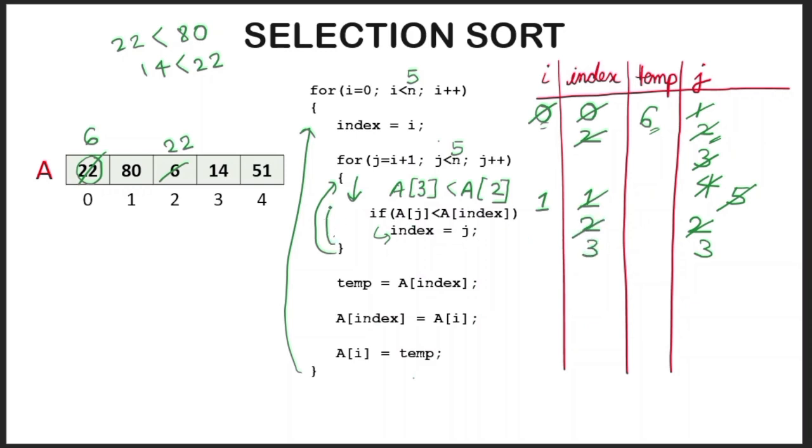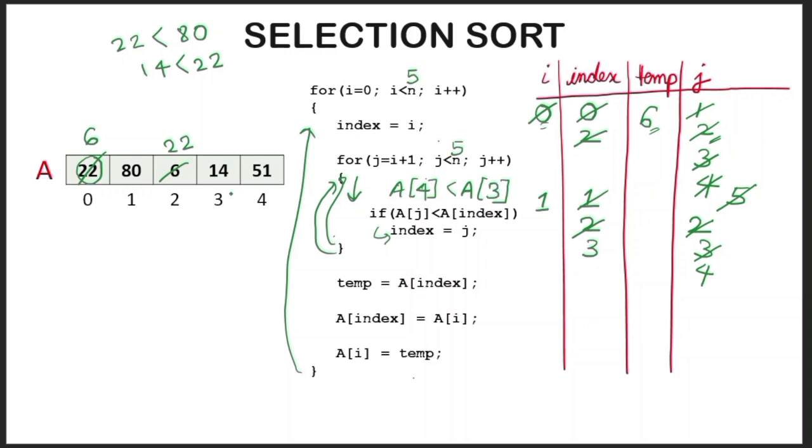Now again we come to the inner for loop, increment the j value from 3 to 4. Now we check this condition, j is less than n. Yes, 4 is less than 5. Condition is true. We come here, a of j. J is your 4. Is it less than a of index, that is 3?